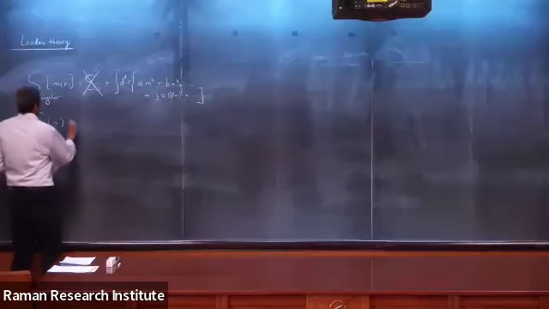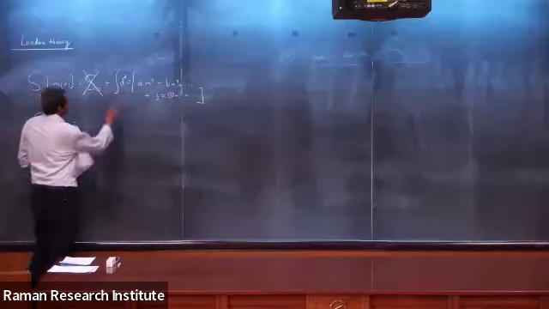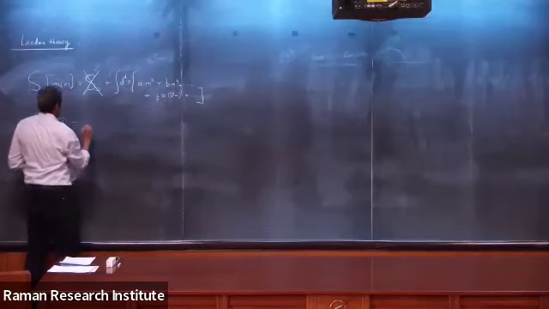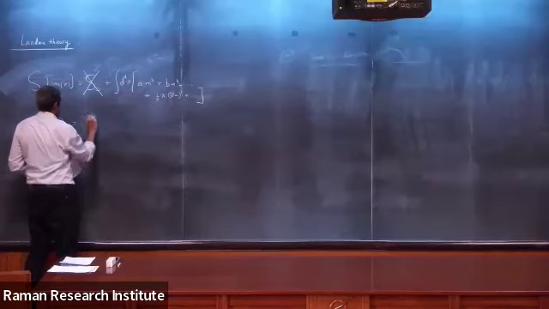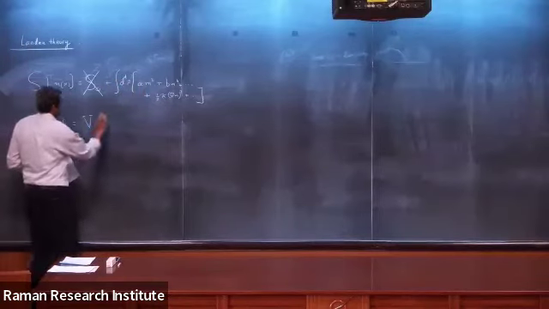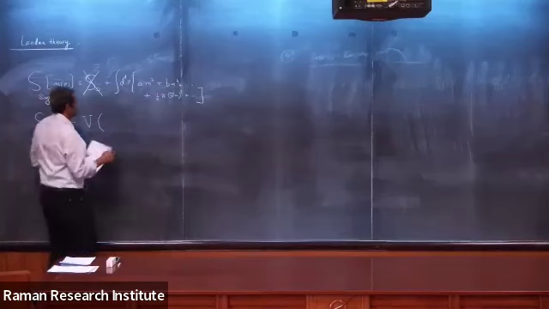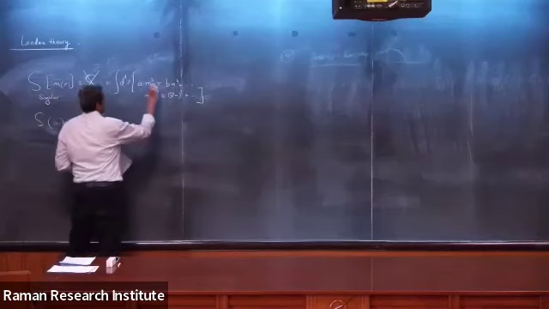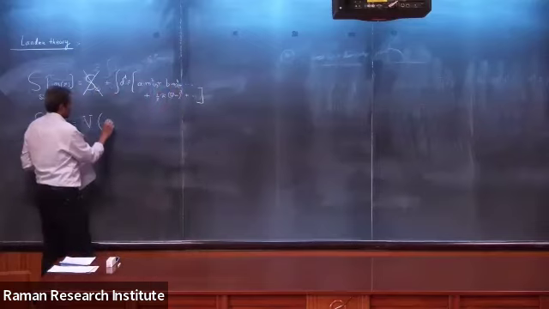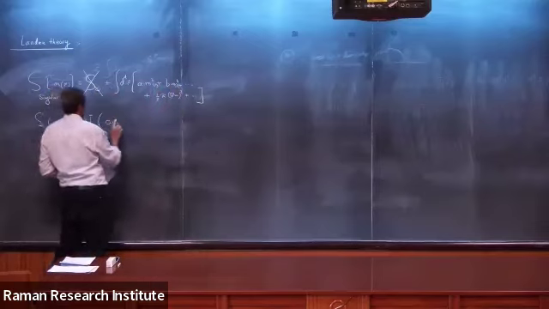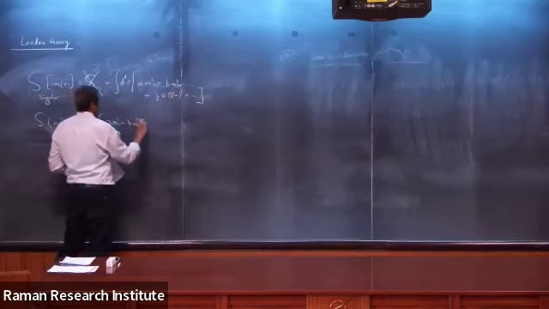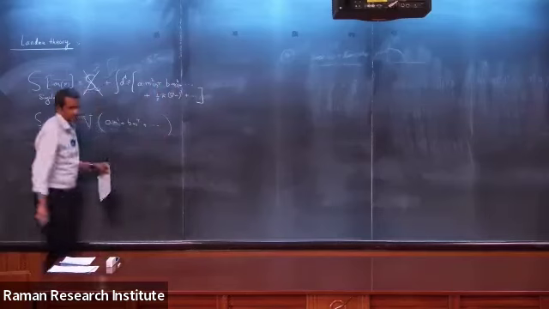So S of M then is going to be just a volume, because this is all independent of R. It's going to be a factor involving the volume times this stuff here. So let me actually put back the R dependence here. Now it's really independent of R. So I'm going to get something like A M squared plus B M to the fourth plus higher order terms.